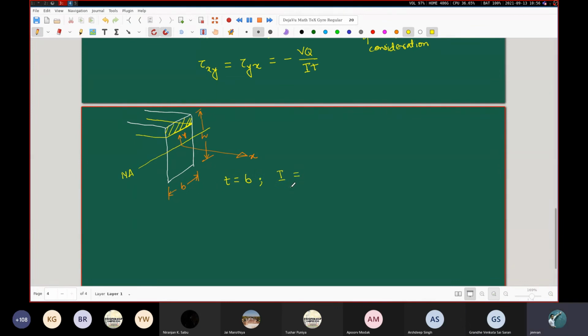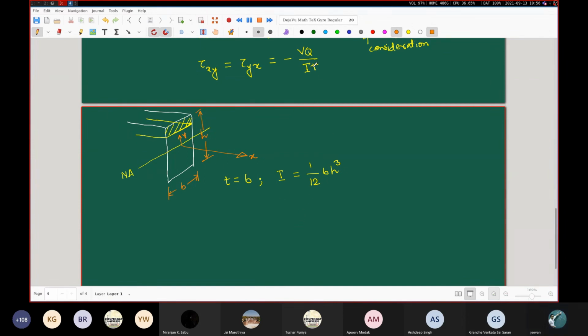I is the second moment of area with respect to the neutral axis. You have done this a number of times: 1 by 12 b h cube. Sorry, my handwriting is bad. This is h. The total height is h.